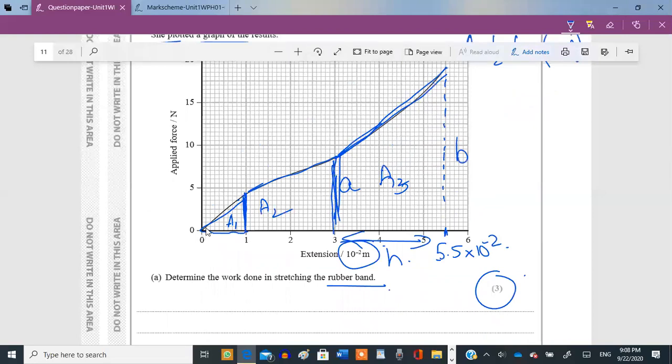If you look at the box dimensions over here, if 10 boxes are representing 5, then 1 box is going to represent 0.5. If 2 would be representing 1, then 1 would be representing 0.5. So 0.5 against 0.1 would be the area of the smaller box. You can count the number of boxes under the graph as well, but that's going to be more time consuming. It's better to calculate the areas directly.